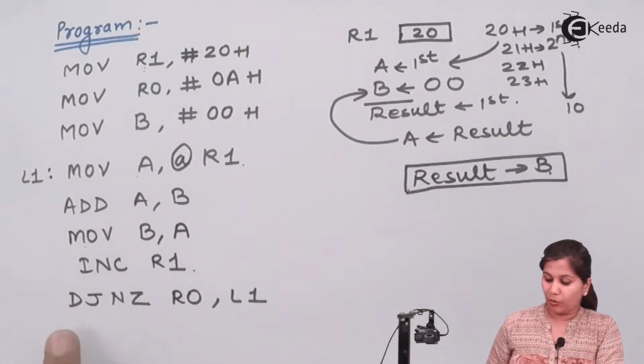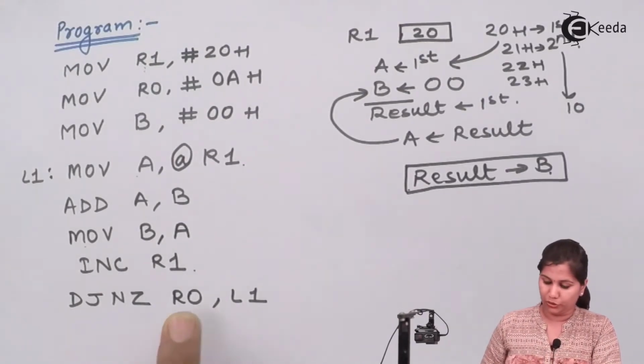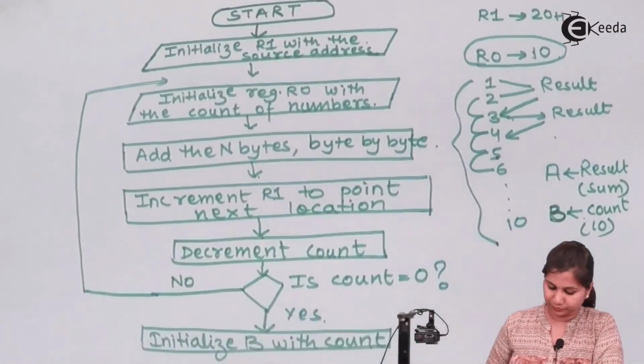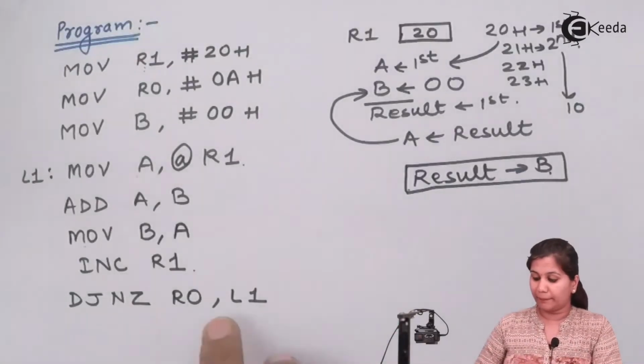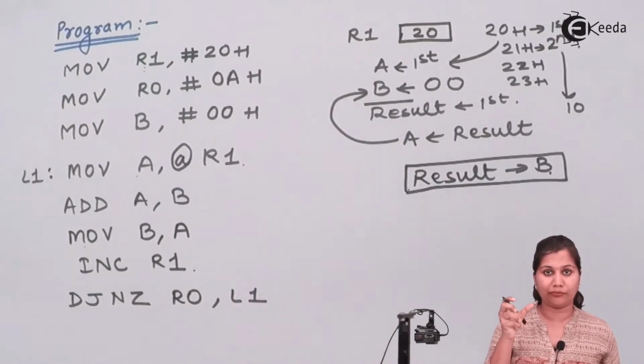Now when all numbers are added, R0 has become 0. So the next step will be to initialize B with the count. Now at that time B is carrying the result, that is the sum of the numbers.